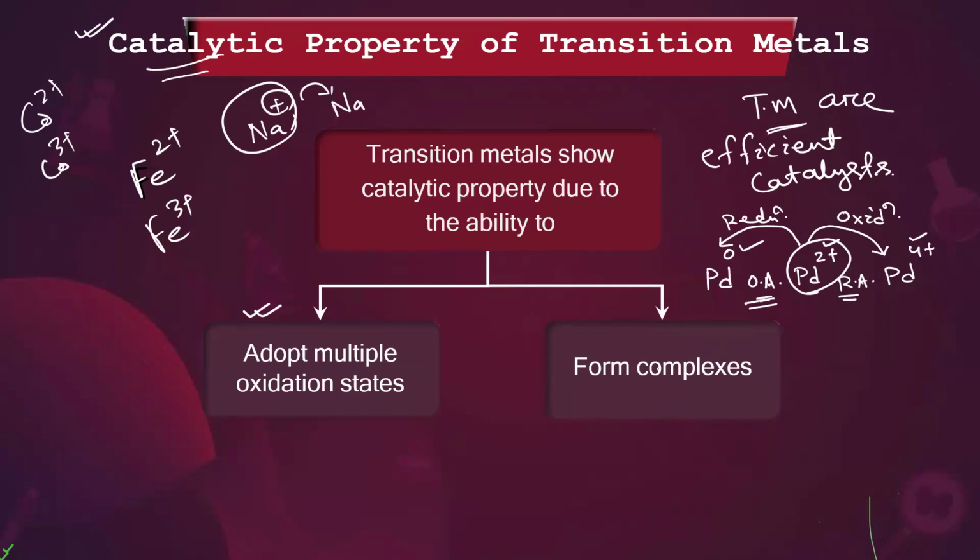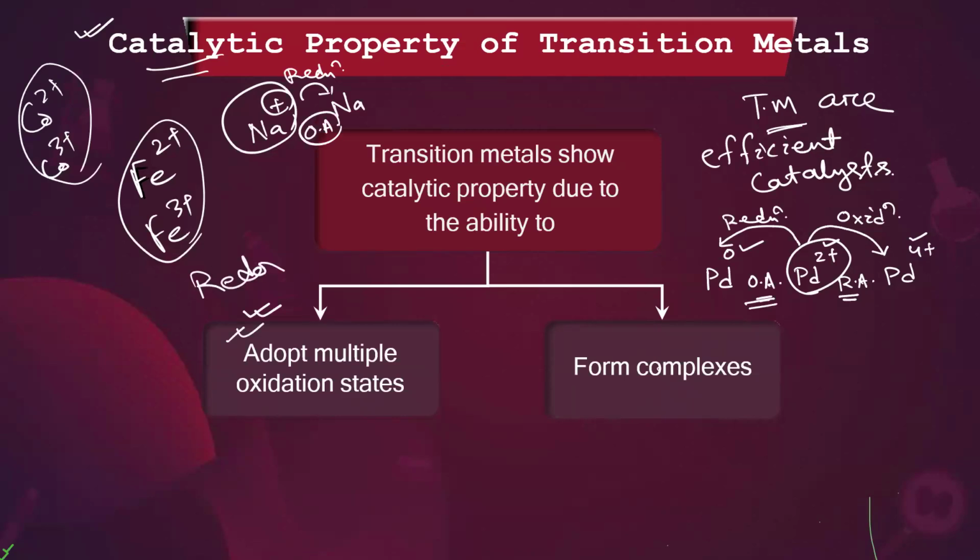It can gain an electron, it will be reduced, undergoes reduction, so it will act as an oxidizing agent only, if possible. But in these cases, due to multiple oxidation states, they can carry out both reactions very easily.